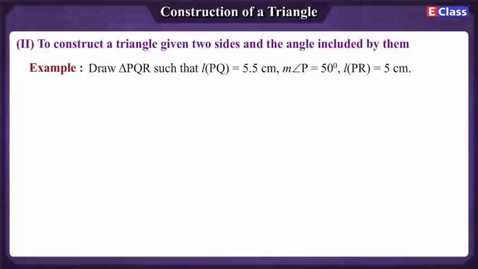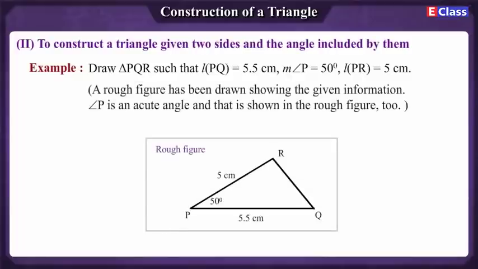Measure of angle P is equal to 50 degrees. Length of PR is equal to 5 centimeters. A rough figure has been drawn showing the given information. Angle P is an acute angle and that is shown in the rough figure too.